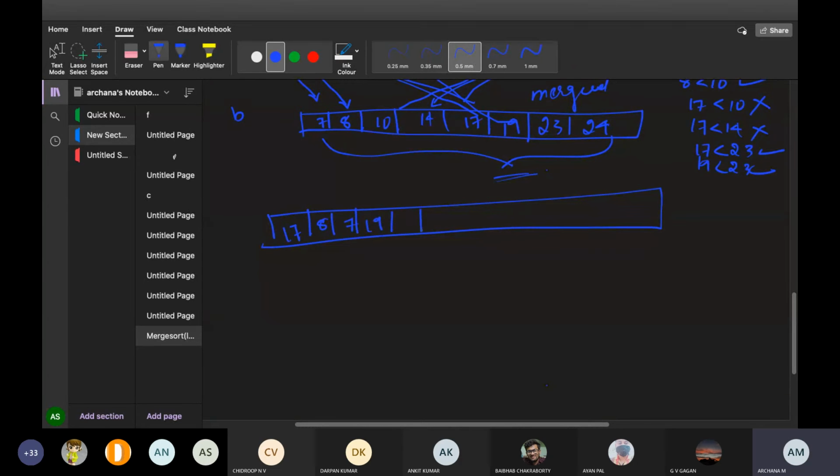7, 19, 24, 10, 14, 23. This was the algorithm, right? This was an array, whichever I took. Just in a simple way, you just put this.